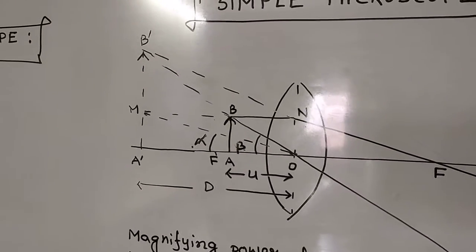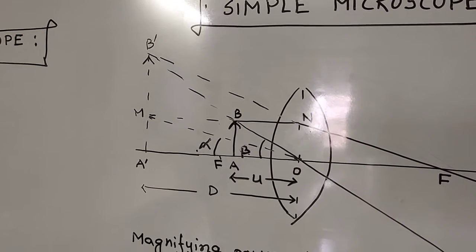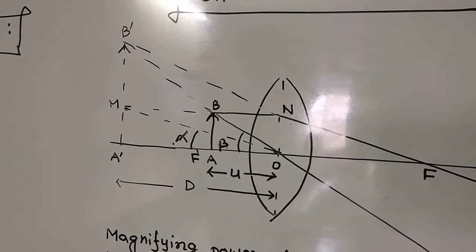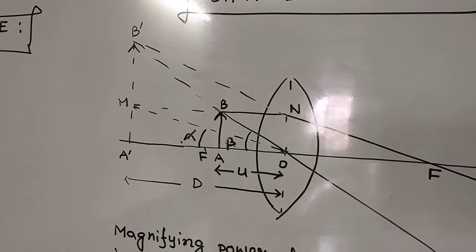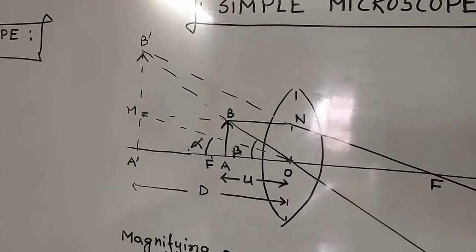Okay, and AB is your object within the focus of the convex lens. Now AB is your object, and here we have got the magnified image A dash B dash. Now the distance of the object AB from the optical center of the lens is your U, and A dash B dash is your image which is formed at the least distance of distinction. Now all of you know what is least distance of distinction.